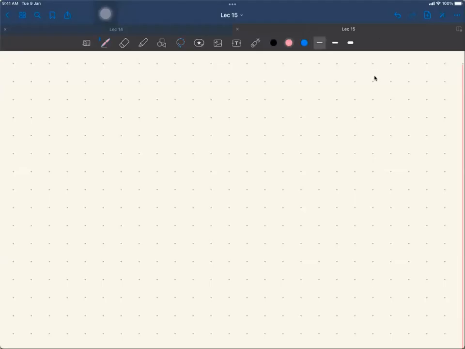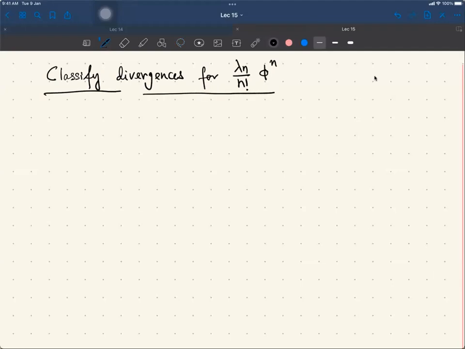We shall now classify the divergences for lambda n by factorial n pi to the power n. So small n is fixed.